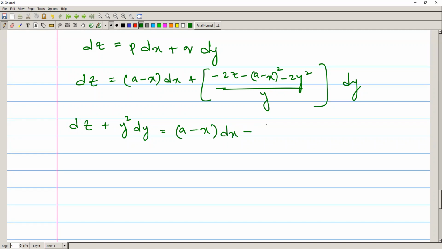I will take this minus sign out of the bracket and here to the plus.